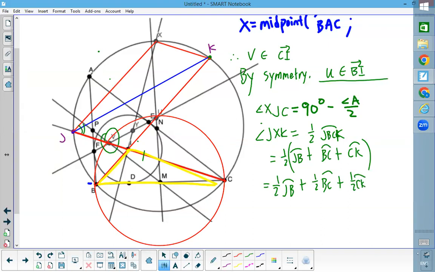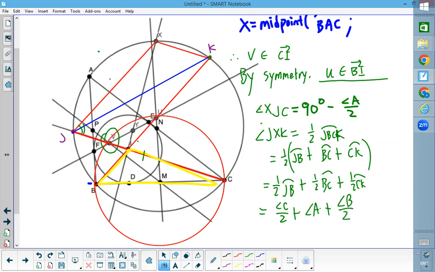That's simply C over 2, because that arc is subtended by the angle C over 2. How about 1/2 of the arc BC? That's angle A. And 1/2 of the arc CK is equal to B over 2.